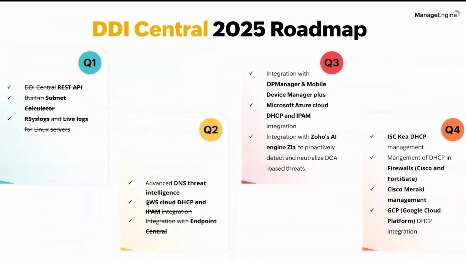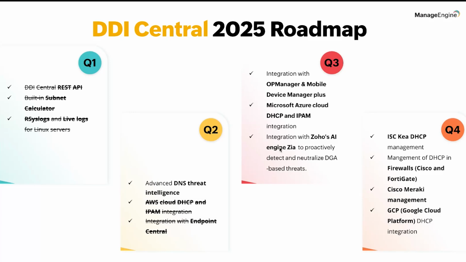And this is the roadmap for 2025. So we are planning integration with Microsoft Azure Cloud and Google Cloud Platform, GCP. And we are basically bringing in the DNS and the IPAM configurations within these cloud native assets.